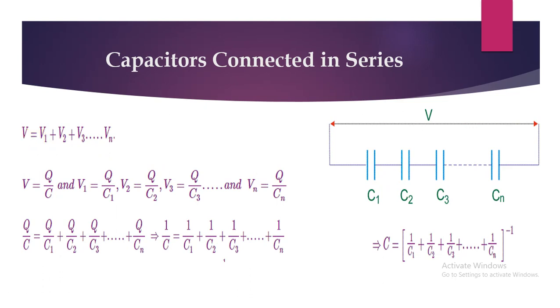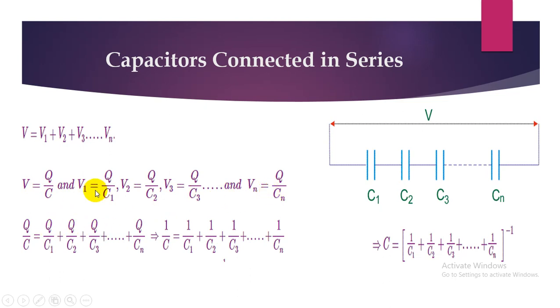We are applying KVL here, Kirchhoff's voltage law, to find out the voltage drops and voltage rises. See this, some relations are there in capacitances between the voltage, charge and capacitance. Look at this, V is equal to Q upon C. From this we can write for every voltage drop like this, V1 is equal to Q upon C1, and V2, V3 and Vn.